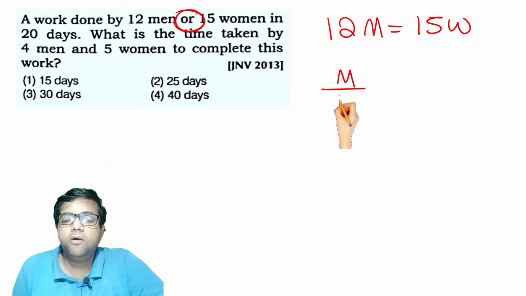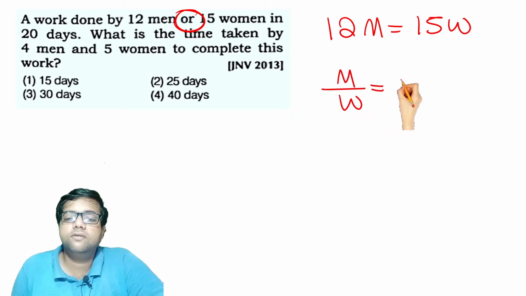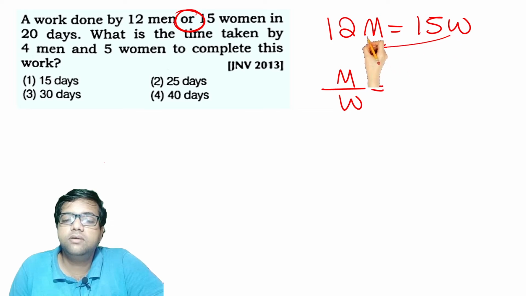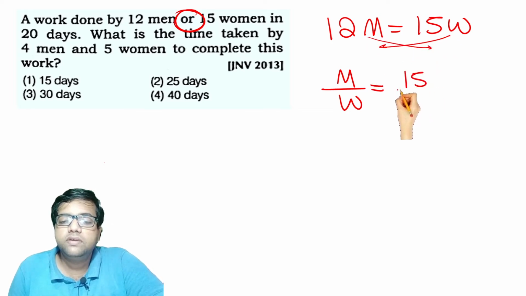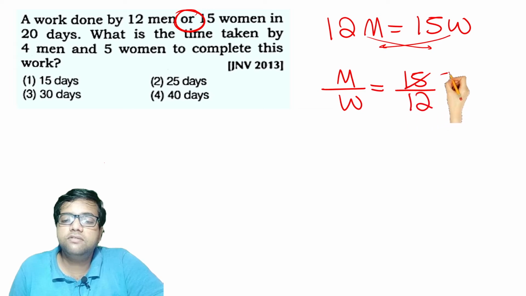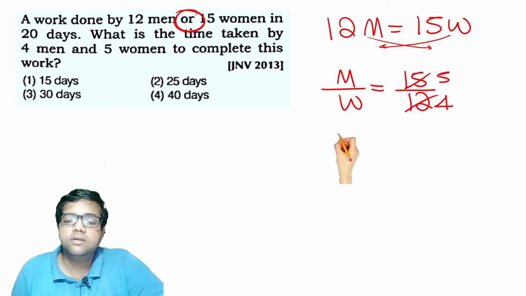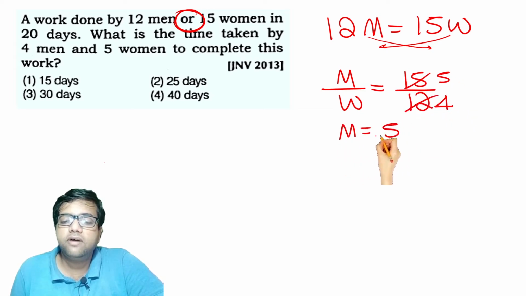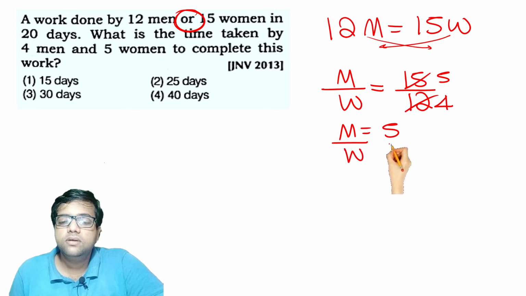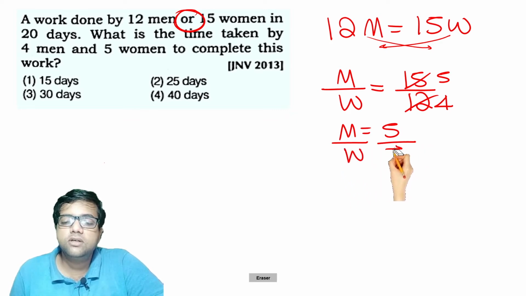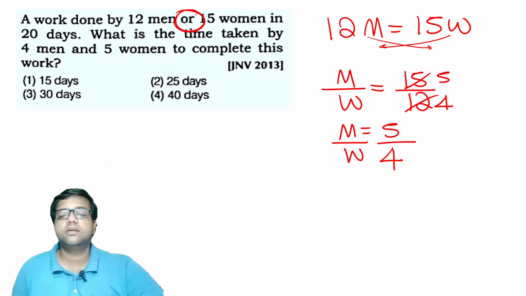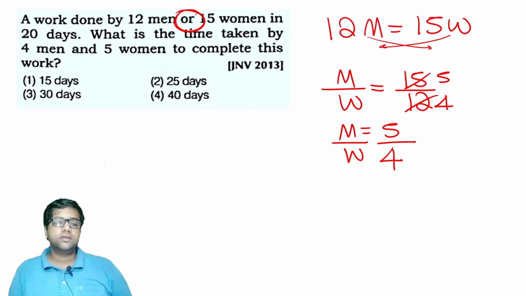So men upon women capacities will be equal to, women will come down here, 12 will go down. So 15 by 12. So 3 5s are 15, 3 4s are 12. So for 5 units of work that men do, women will do 4 units of work.